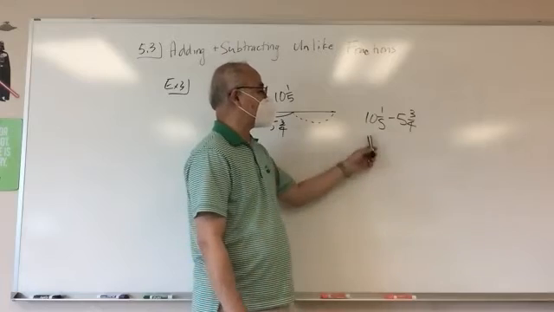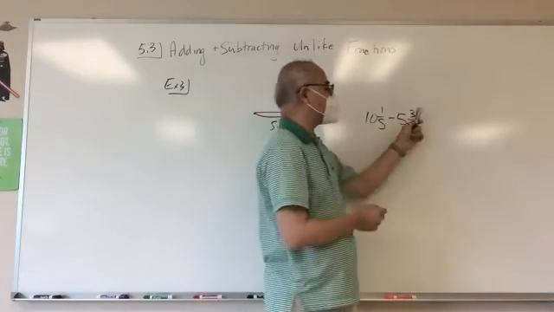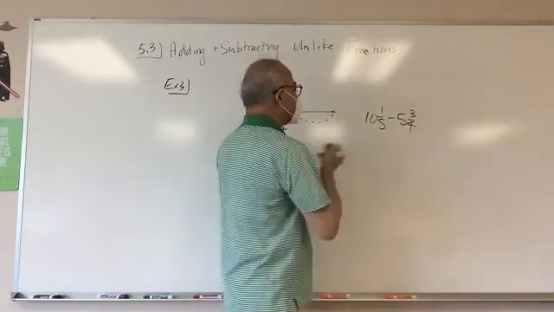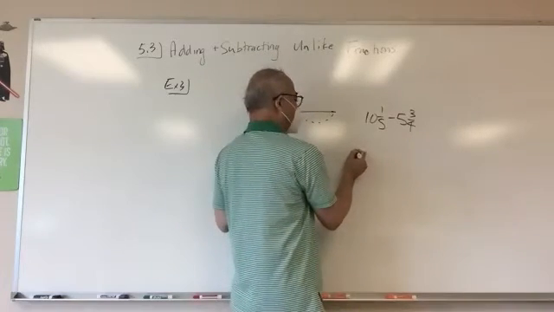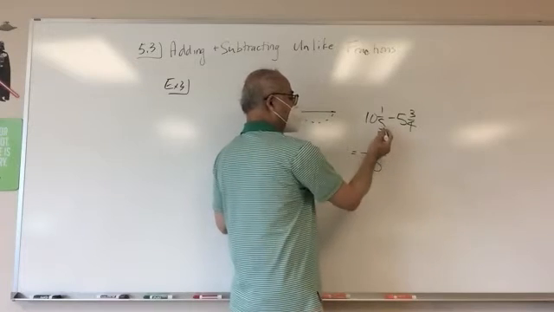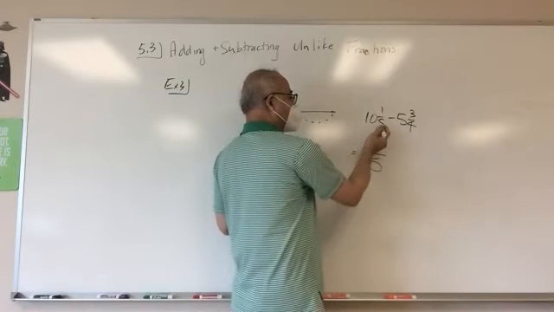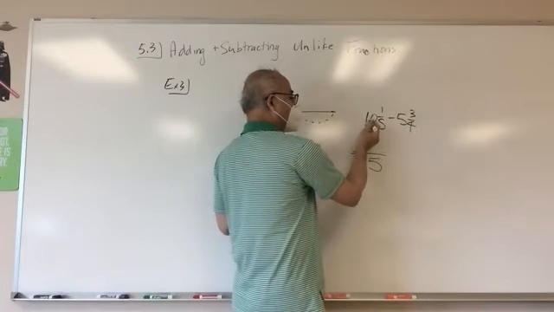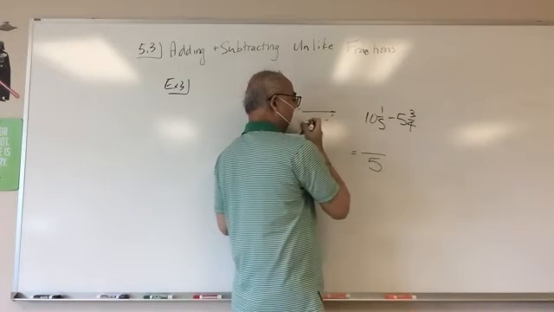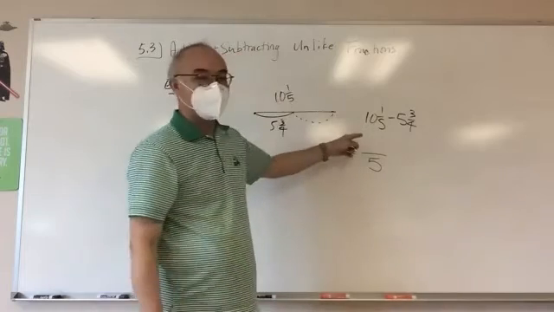Okay, so we're going to have to take the mixed fraction and put it into a single fraction, right? So how are we going to change this? What is 10 and 1/5? Do you know? 5 times 10 is? What is 5 times 10?